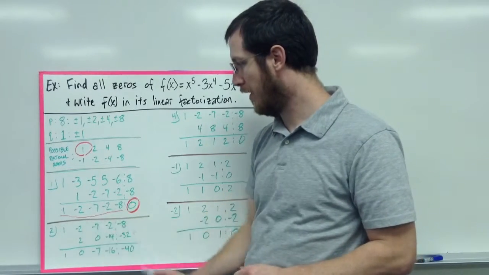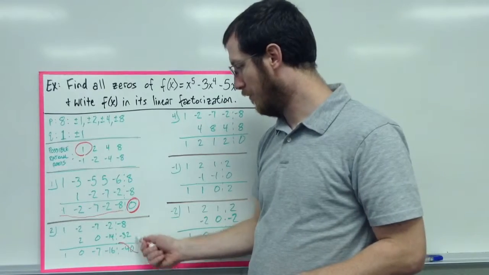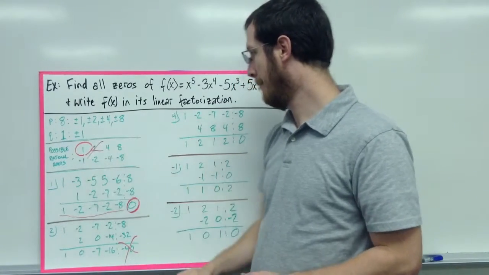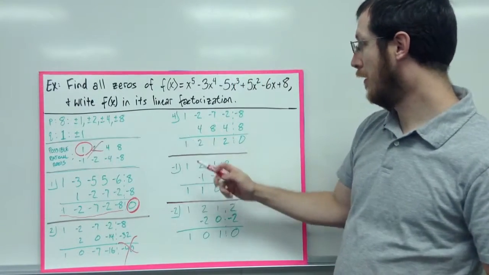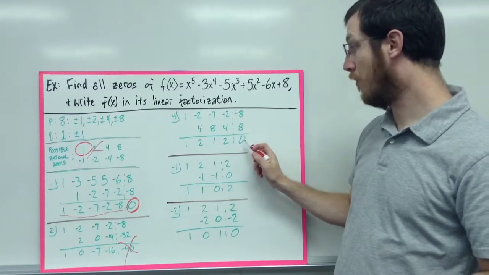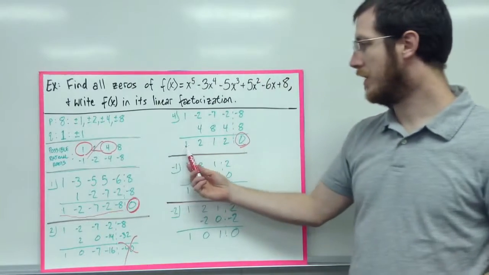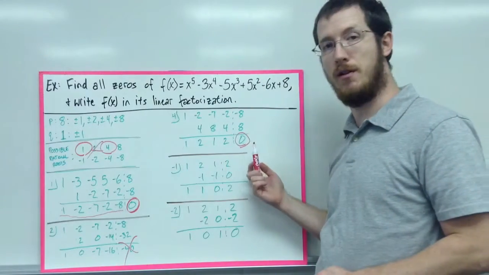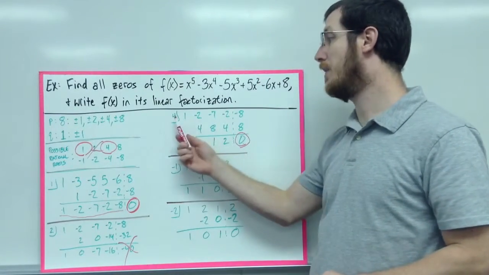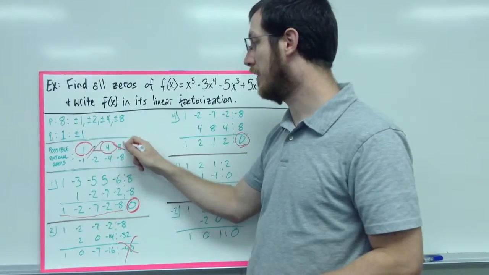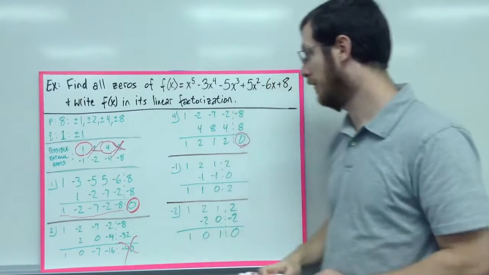So I brought down that. I tried 2, that didn't work out. I tried 4, and 4 was also a zero. And if you notice that the last row is all non-negatives, so that means that 4 is an upper bound, so I don't even need to take the time to try 8.